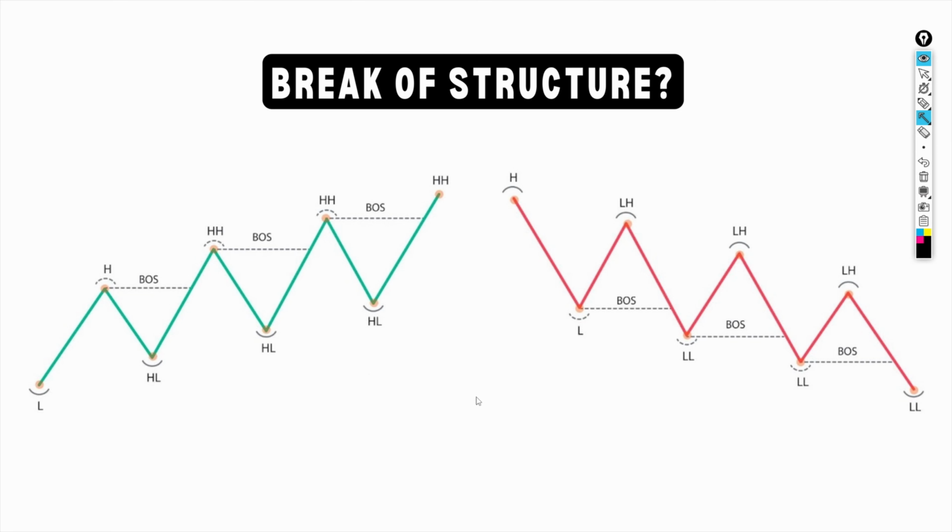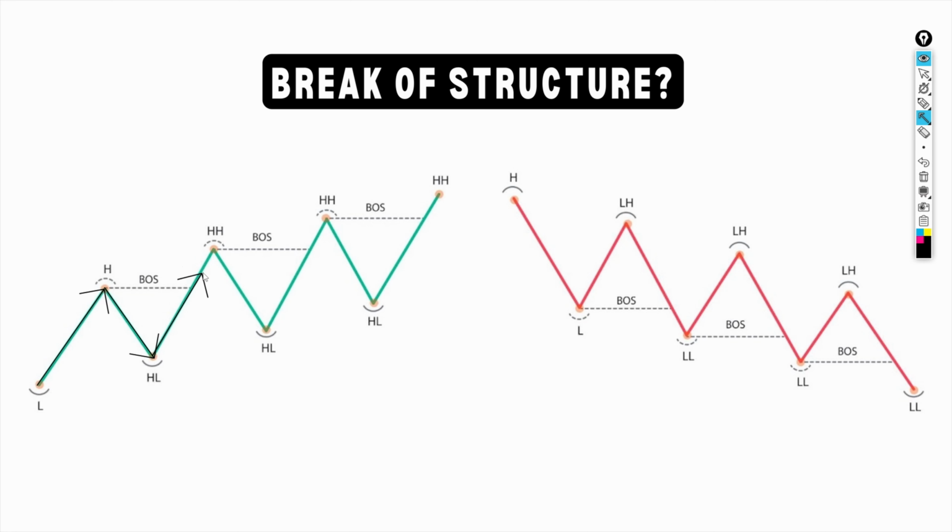Now, once you understand what is break of structure, you have to understand why this break of structure happens. So let's understand it in an uptrend. In an uptrend, the price is moving up because the buying orders are more than the selling orders. Similarly, the market is retracing back because the selling pressure is higher than the buying pressure.